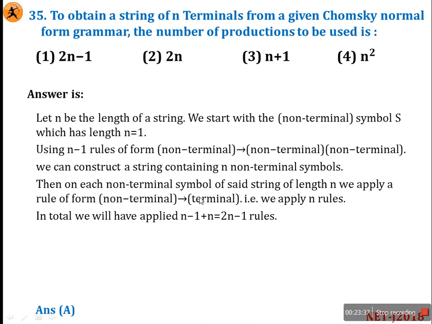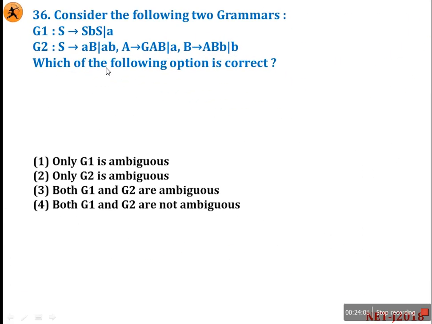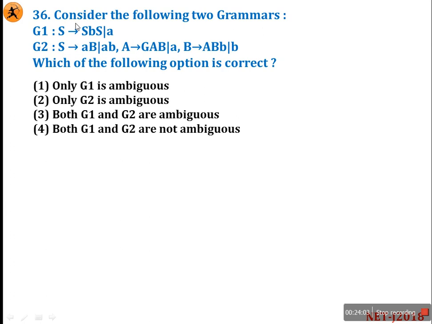Means every non-terminal symbol should terminate with a terminal symbol. So the total number: n-1 plus n, total 2n minus 1 production rules. Then the number of productions to be used is 2n minus 1. This is your 35th question.